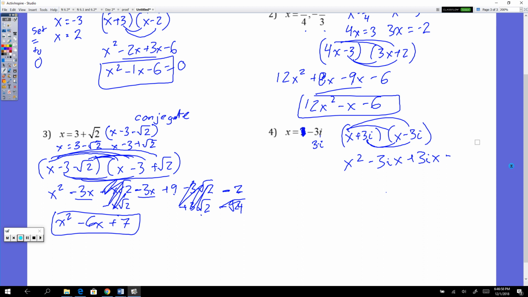And that's going to give me negative 9i squared. Notice the 3ix's cancel out. So we are left with this. As a reminder, i squared is equal to negative 1, so we need to substitute a negative 1 in for that. Negative 9 times negative 1 is going to give me positive 9. And so this is our answer.